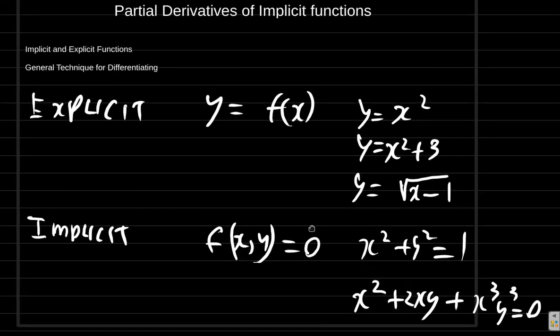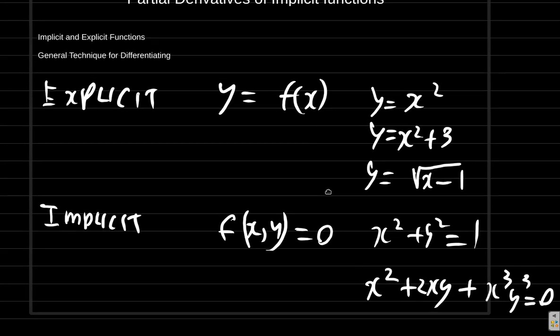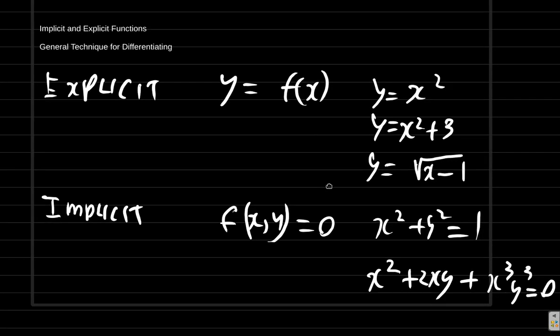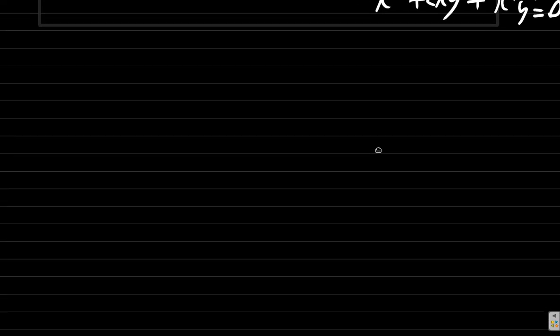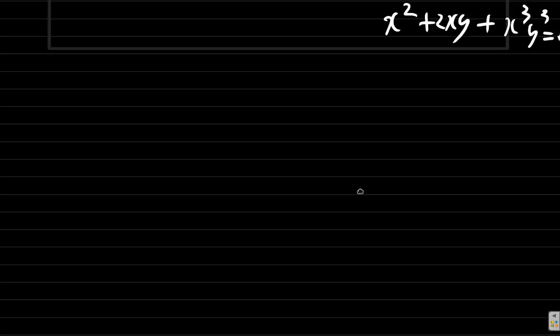Now, here, let's look at the general technique for differentiating the implicit function, right? Here, you have a case where you say f of x, y, that's an implicit function, equal to 0.